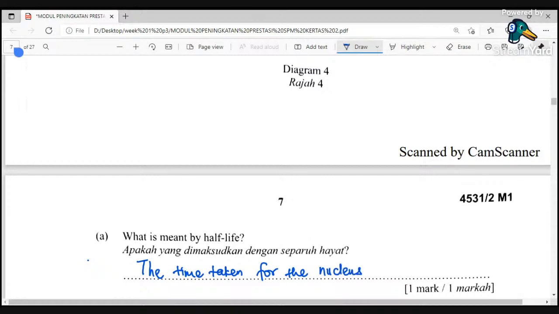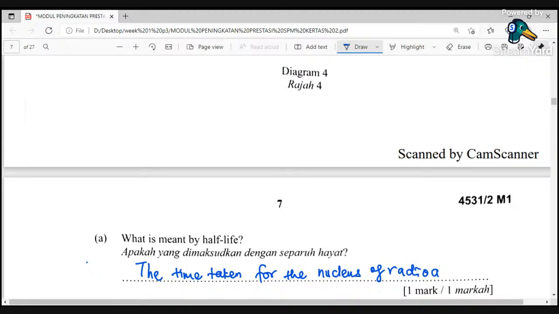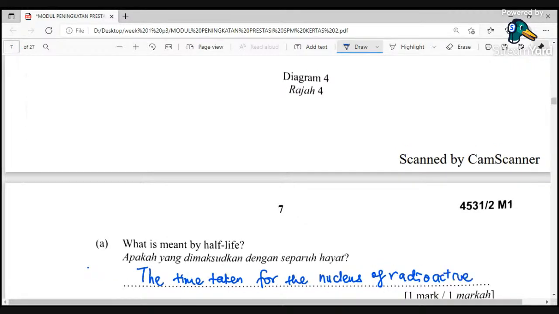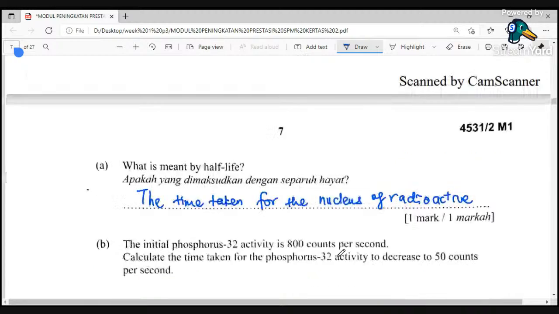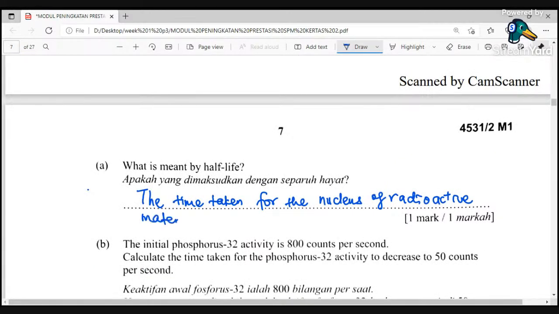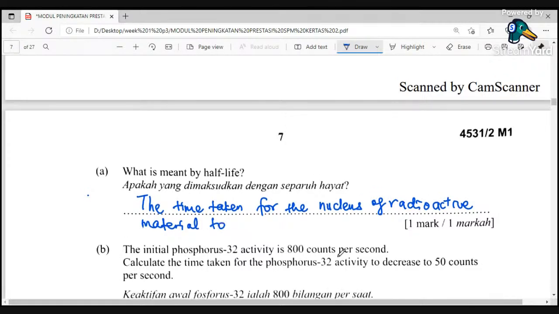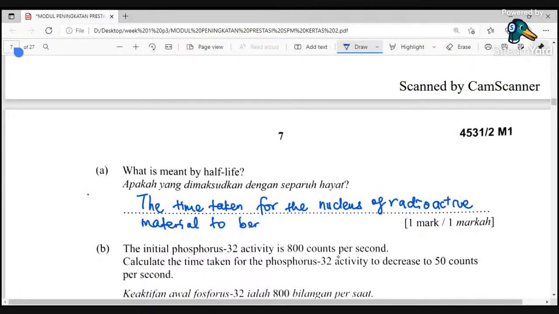The time taken for the nucleus of radioactive material to become half.